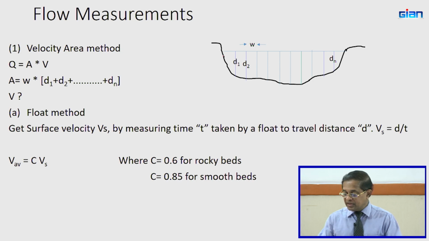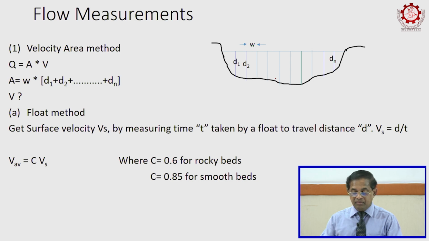You can get the cross section of the river by using a stick to measure at equal distances, and then using the trapezoidal rule, you can calculate the area for each trapezoid and get the entire cross-sectional area. You can do this by dividing into trapezoids or rectangles, depending upon the shape of the river bottom. You can get a villager to take all these measurements and approximately get the cross-sectional area of the place.